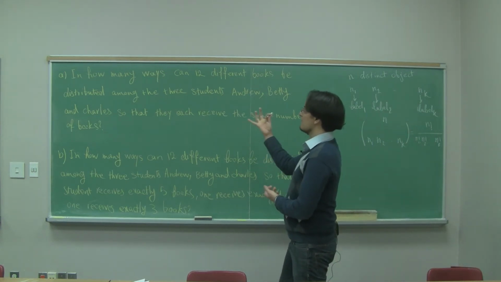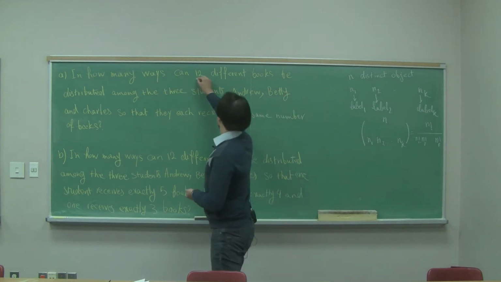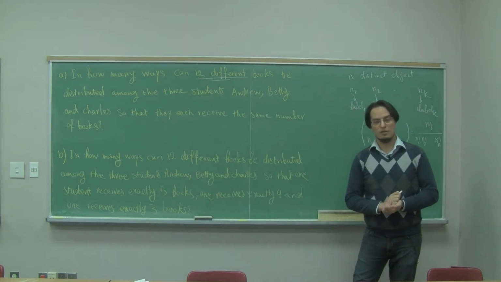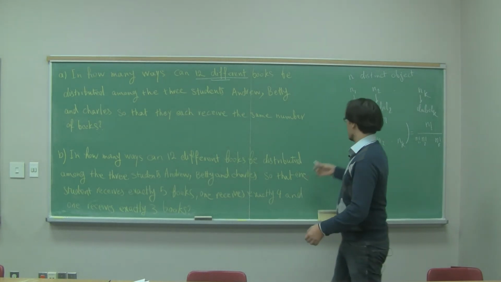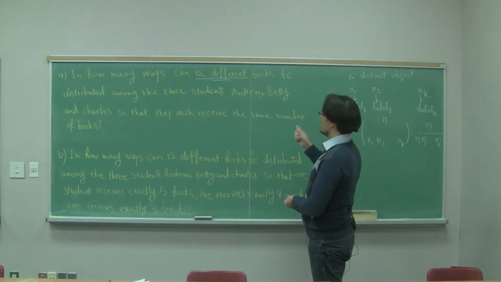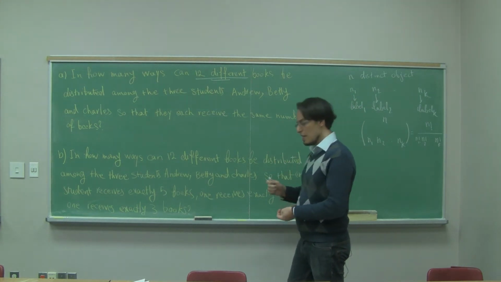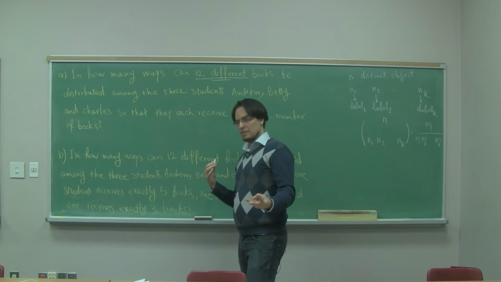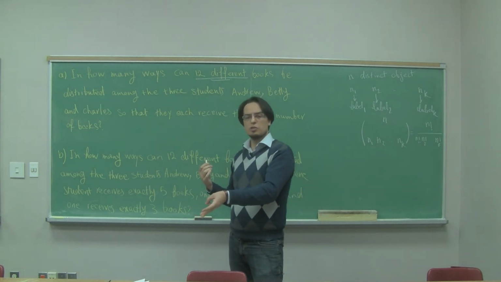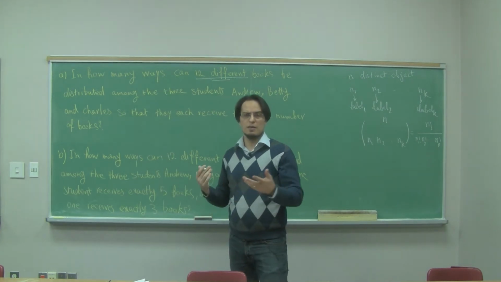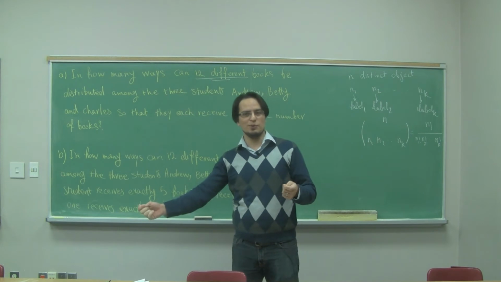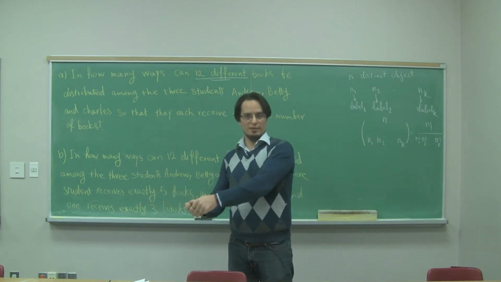And if you look at the first question, first we have 12 different books and we want to distribute them. So that's the number of objects, and we want to distribute them among Andrew, Betty, and Charles. So we have 3 different students and we want to give these books to these students, or in other words, we want to label these books by the owner at the end.